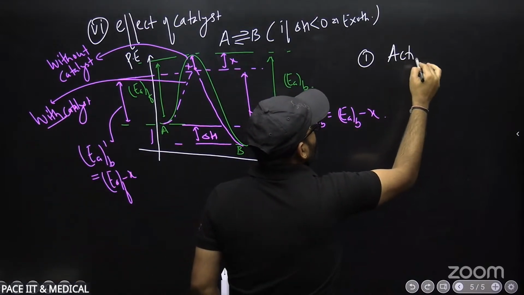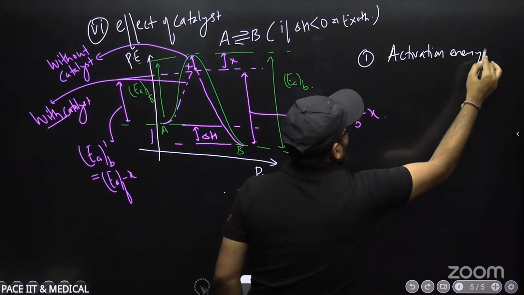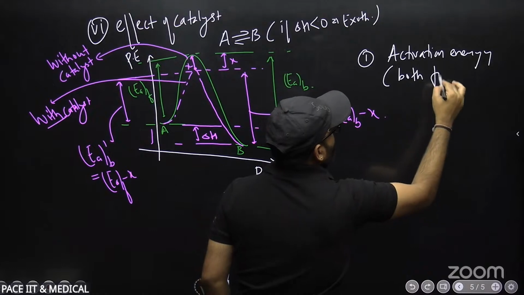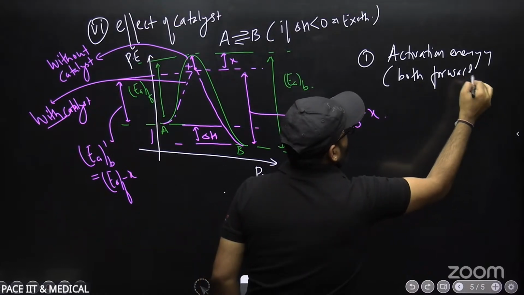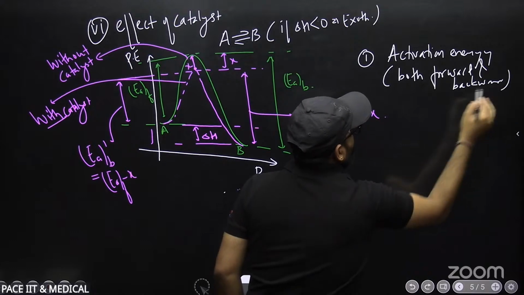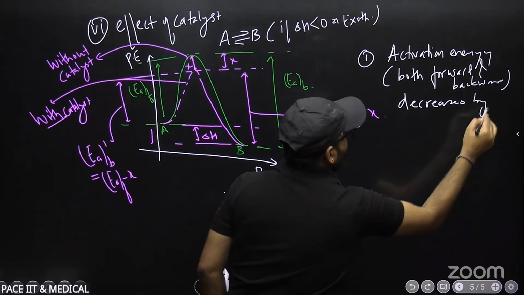So if I write the effect of catalyst, first one: activation energy for both forward and backward decreases by the same amount.